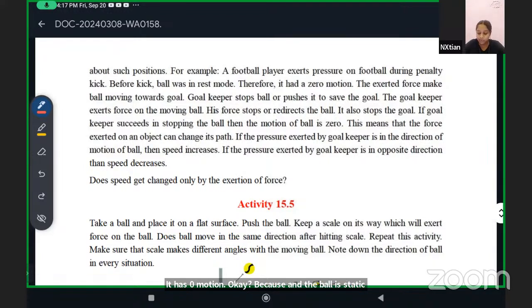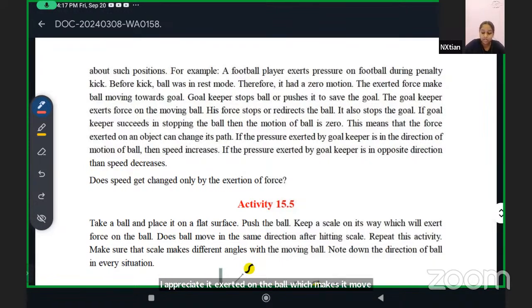It will not move on its own. The exerted force makes the ball move towards the goal. When the player is coming and kicking the ball, a pressure is exerted on it. High pressure is exerted on the ball, which makes it move towards the goal post.